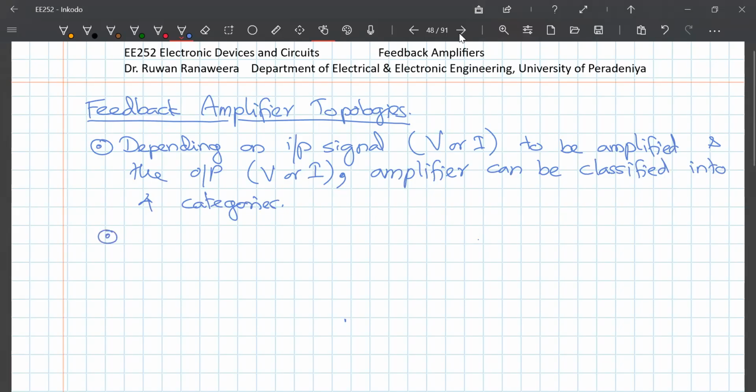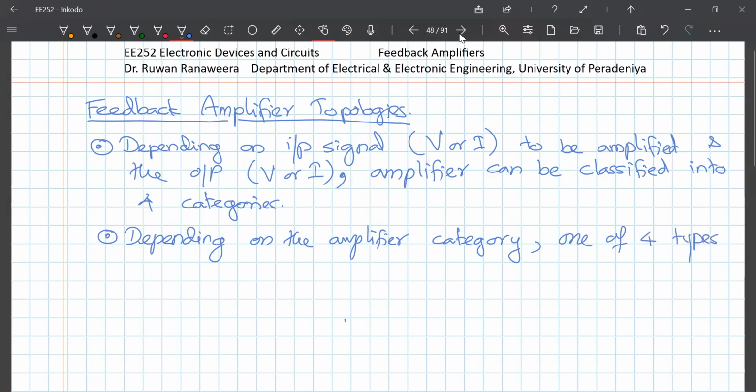Depending on the amplifier category, one of four types of feedback structures should be used.